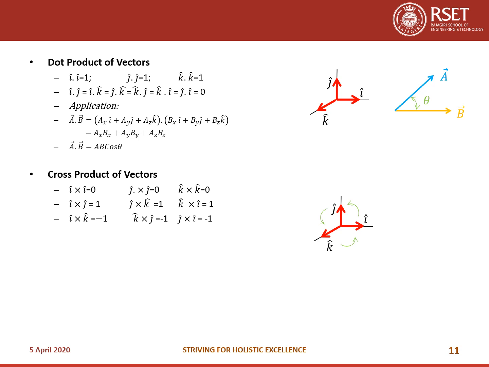Now there is one sign convention you have to follow: it will be positive if the cross product is taken in the anti-clockwise direction. i cross j, i to j is anti-clockwise, so it is 1. j cross k is 1 and k cross i is 1, whereas i cross k is in the clockwise direction, so it is minus 1. k cross j is minus 1 and j cross i is minus 1.